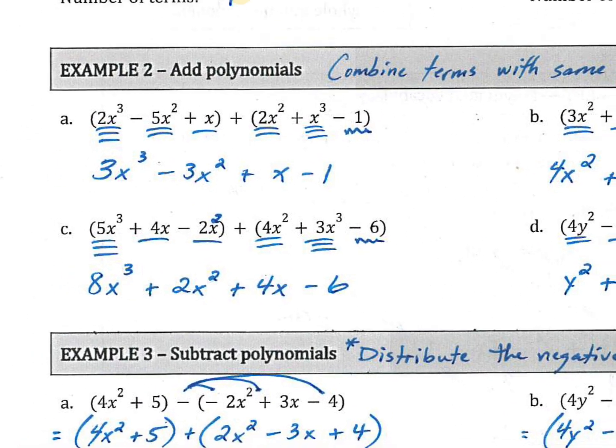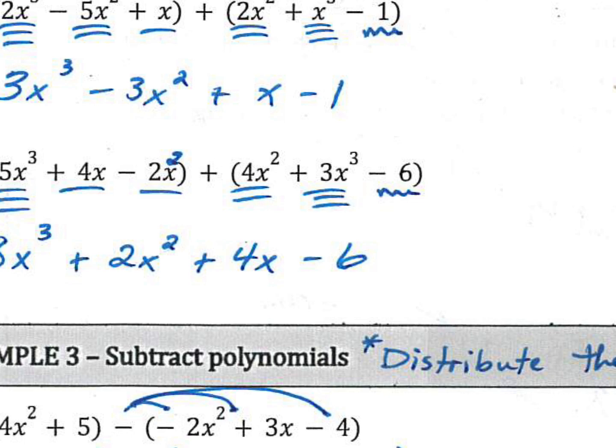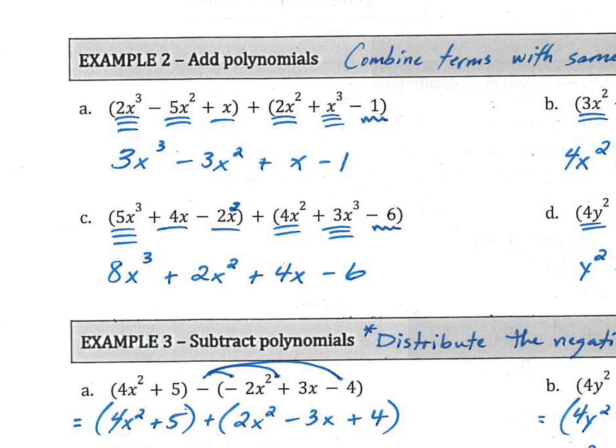So here's an example, letter A. Terms with an exponent of 3: 2x to the third plus x to the third. 2x cubed plus x cubed is 3x cubed. 2 plus 1 is 3.